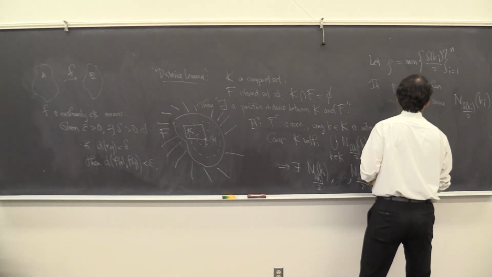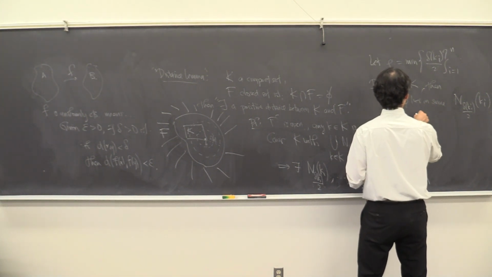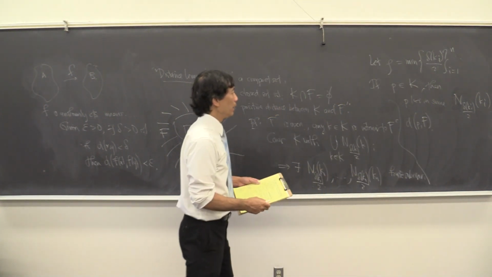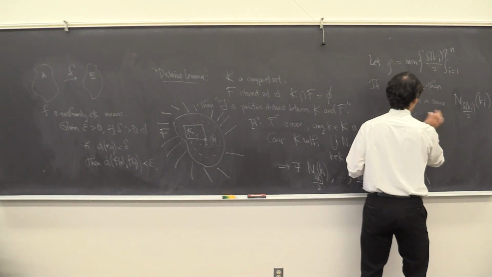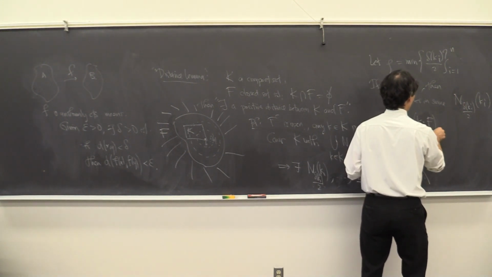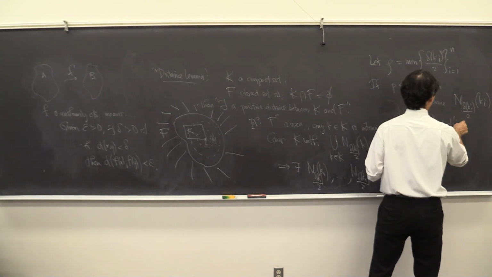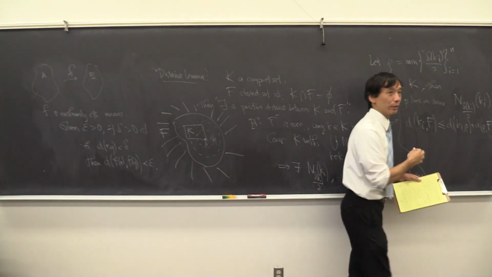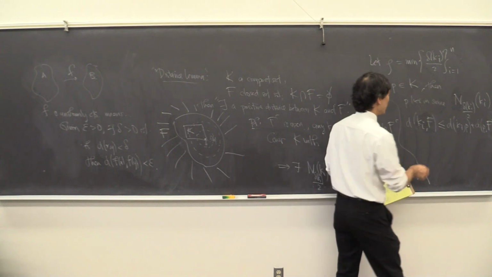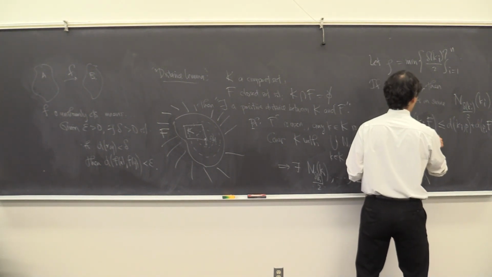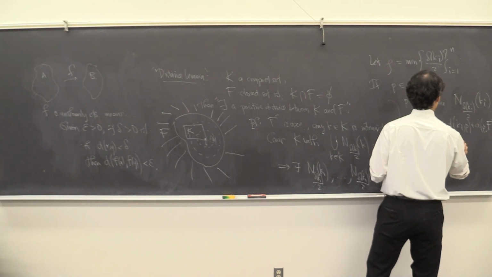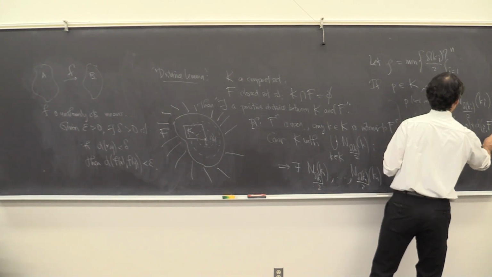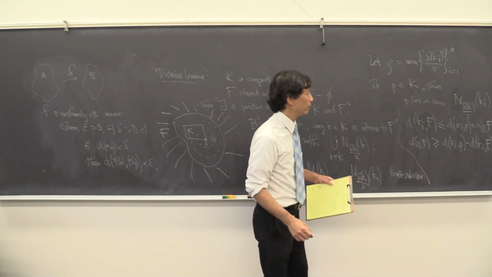Then you think about the distance of P to F. The distance of k_i to F is controlled by the distance of k_i to P plus the distance of P to F, by the triangle inequality. And so the distance of P to F is bounded below by the distance of k_i to F minus the distance of k_i to P.